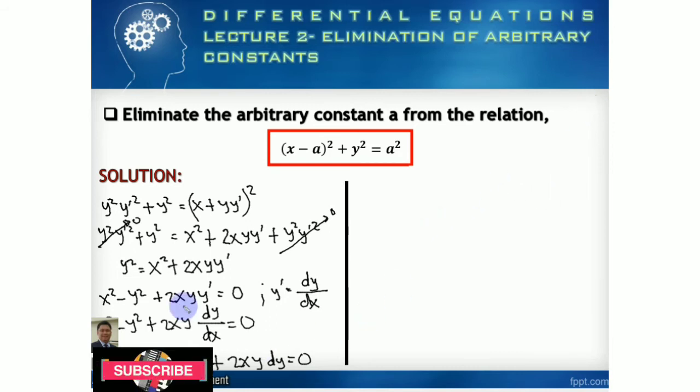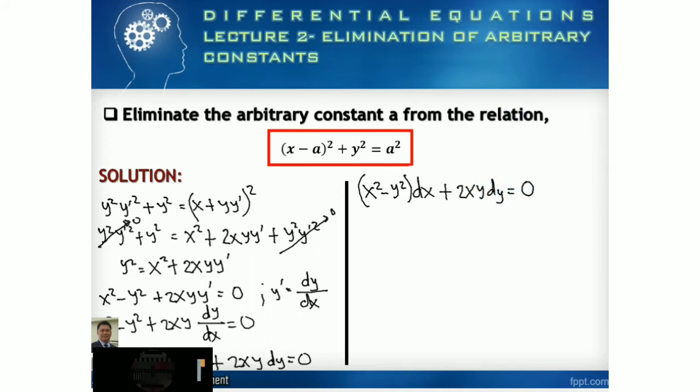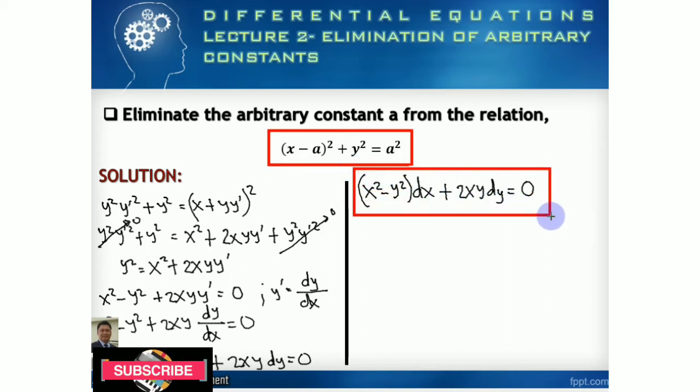Simplifying further, as you can notice, this dx is common to x squared and y squared, so we can make it into x squared minus y squared quantity dx plus 2xy dy is equal now to 0. So this would now be our final solution for this given problem, which is x squared minus y squared dx plus 2xy dy equal now to 0.